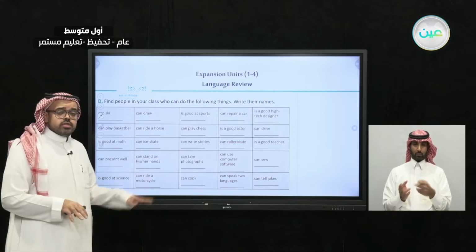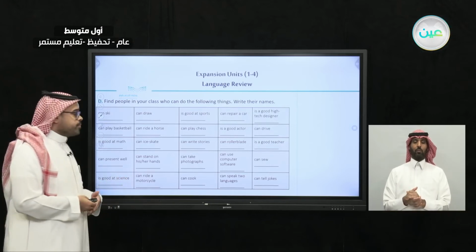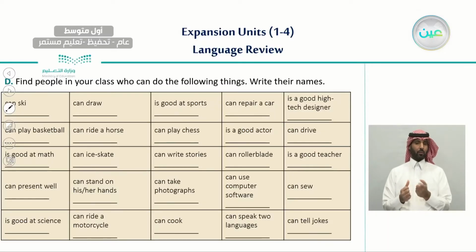So let's first read the activities, and then we can write down the names of the people who can do them. So the first one is find a person that can ski.